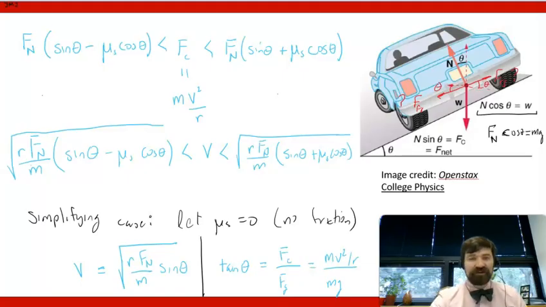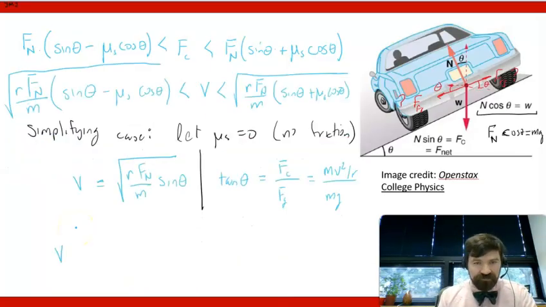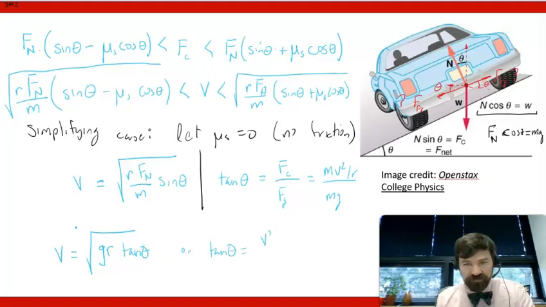So the speed we found here, v without friction, is the square root of g times r times tangent theta, or in other words, tangent theta is v squared over rg.